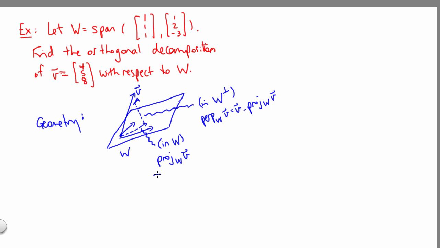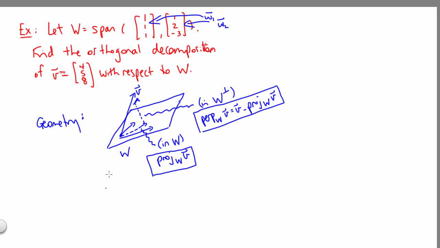Alright, so let's see if we can find these two vectors, the projection and the perp. Well, first it might be convenient to give some names to our vectors in W. Let's call them W1 and W2. And we might notice here that looking at that set, W1, W2, these two vectors are orthogonal to one another, and that is great news.